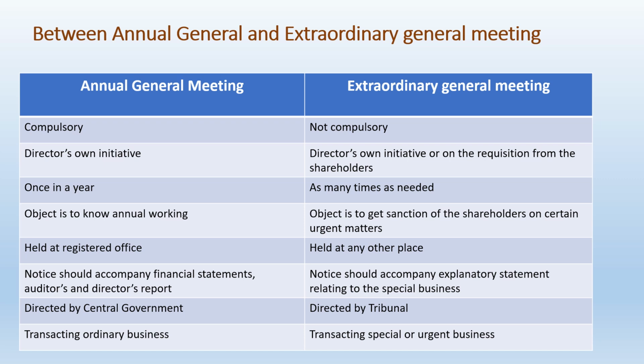When an annual general meeting is not held, only the central government can direct the calling of such a meeting. The tribunal cannot direct the calling of such a meeting. On the other hand, the holding of an extraordinary general meeting can be directed by the tribunal. An annual general meeting is generally held for transacting ordinary business, whereas an extraordinary general meeting is usually held for transacting special and urgent business.